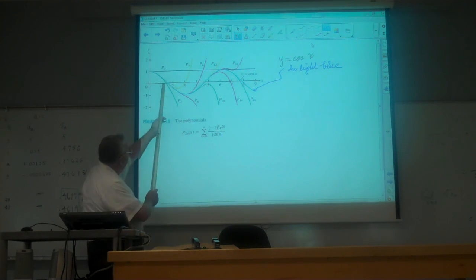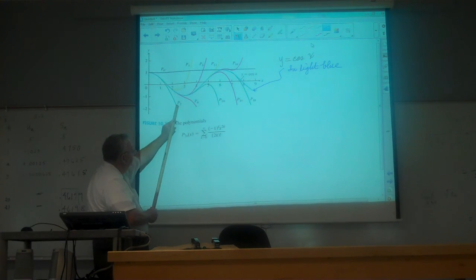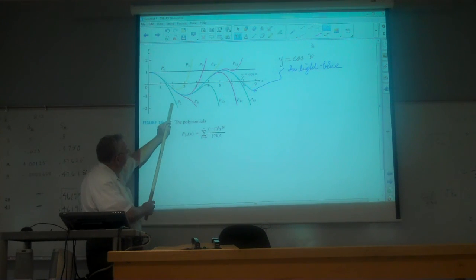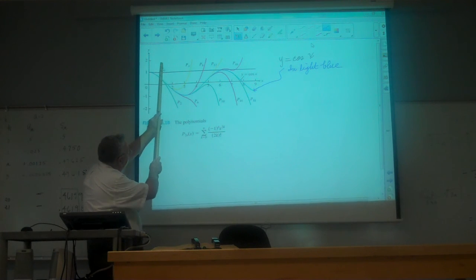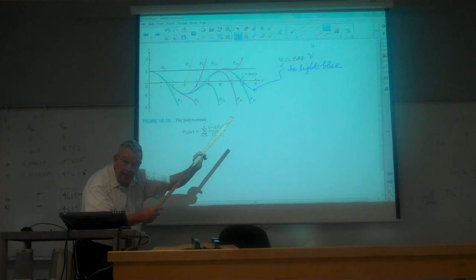So n equals 0 has 1 term, n equal 2 has 3 terms in it, 0, 1, and 2, right? And the second term will have an x squared in it, so it's going to look like a polynomial. Everybody agree?